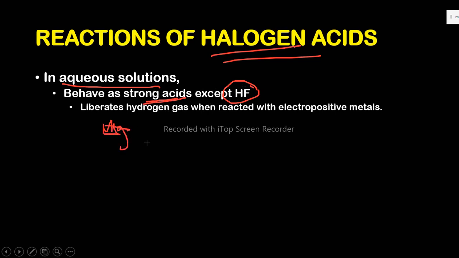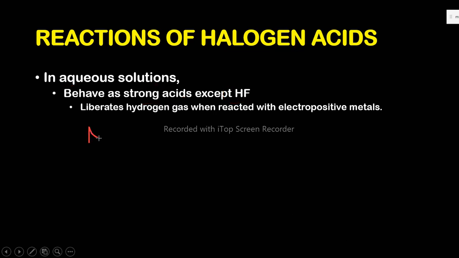If you react it with any metal, it will liberate hydrogen gas, and this is aqueous because you are reacting it in an aqueous solution.